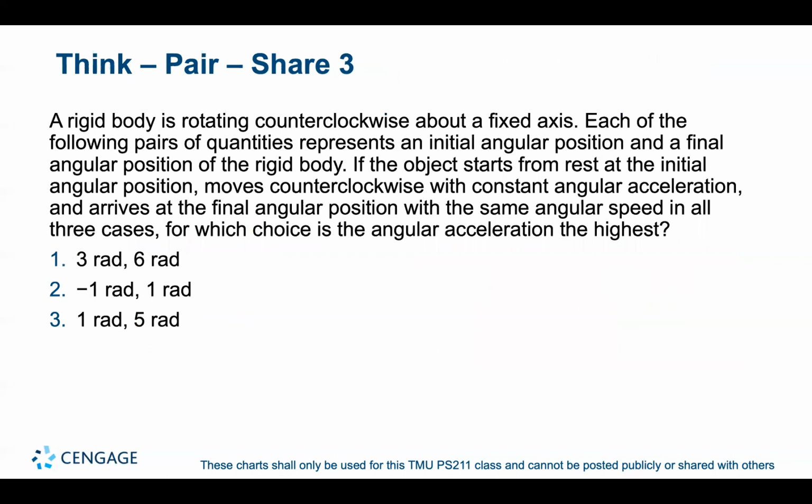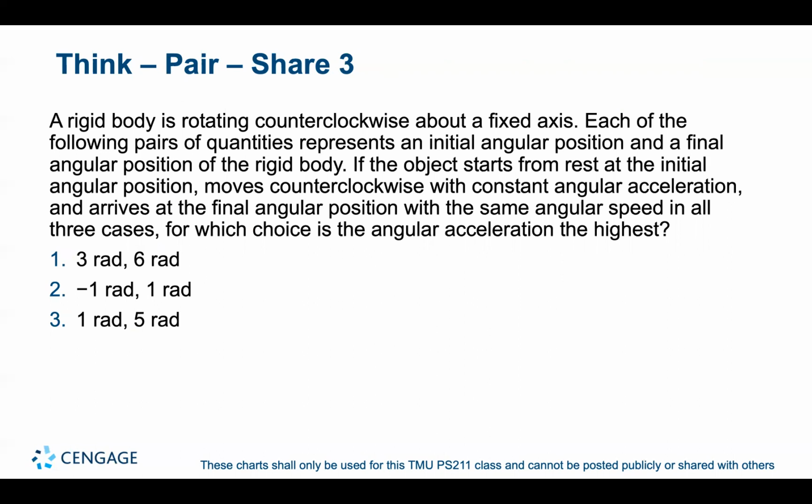So here's another question. A rigid body is rotating counterclockwise about a fixed axis. Each of the following pairs of quantities represents an initial angular position and a final angular position of the rigid body. If the object starts from rest at the initial angular position, moves counterclockwise with constant angular acceleration, and arrives at the final angular position with the same angular speed in all 3 cases, for which choice is the angular acceleration the highest?